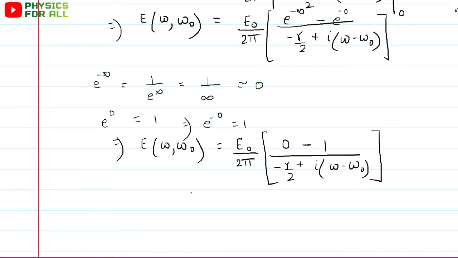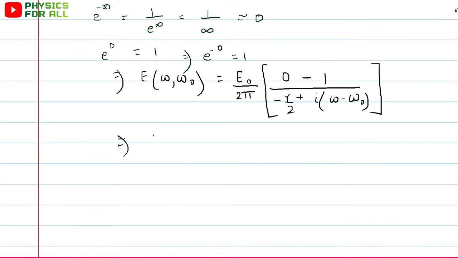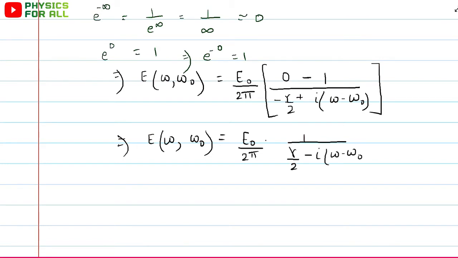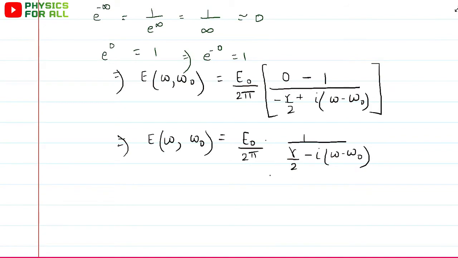We can cancel this out as, okay, so I'm writing here. This becomes E omega omega naught is equal to e naught upon 2 pi into 1 upon, if we take negative sign common, this would get cancelled here. So we are left with gamma by 2 minus iota omega minus omega naught. This is the thing we have obtained.